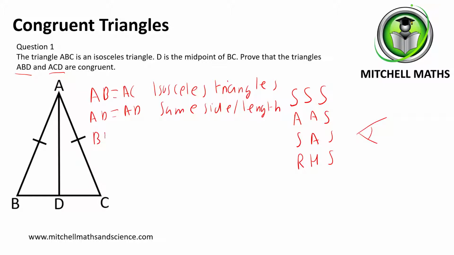So we get BD equals DC, because D is the midpoint of BC. And what that tells us is that we've got side, side, side. So we've proved that those two triangles are congruent.